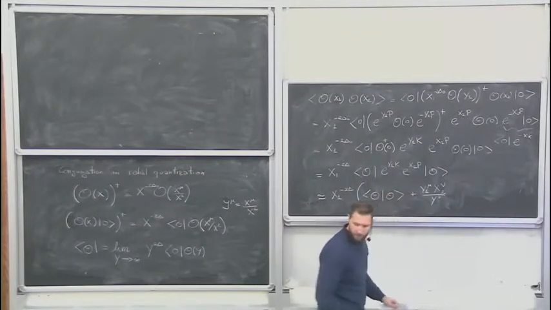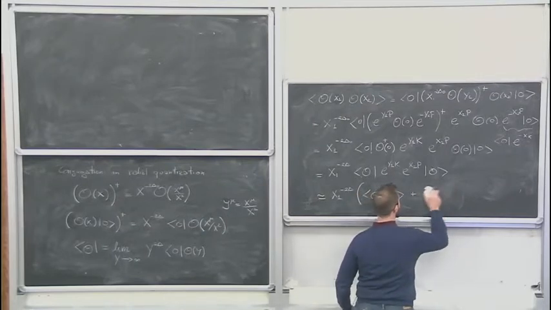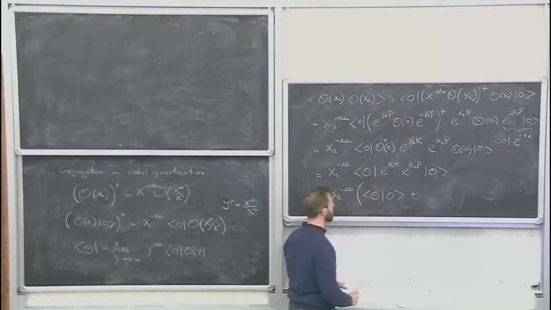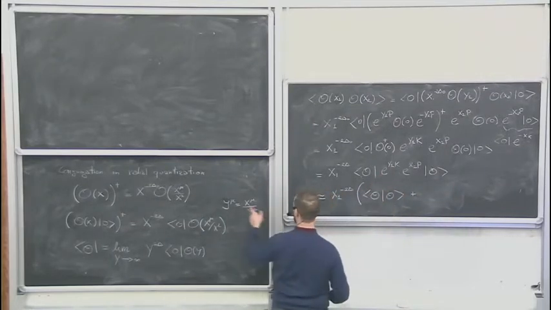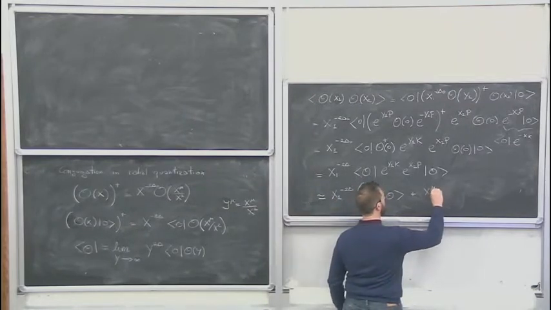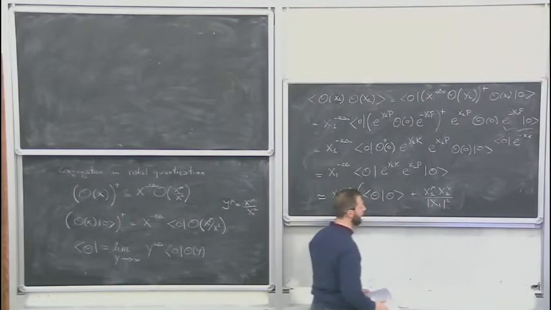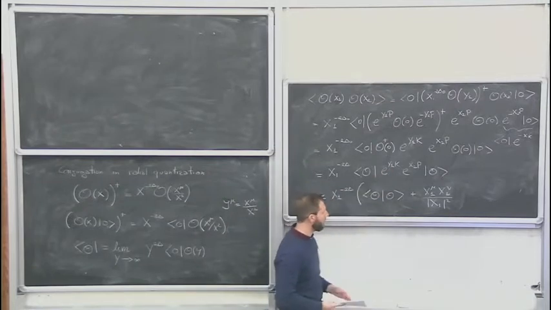Sorry, if I write in terms of x1, this will be x1 mu x2 nu divided by x1 square. Okay, this is what y1 was.